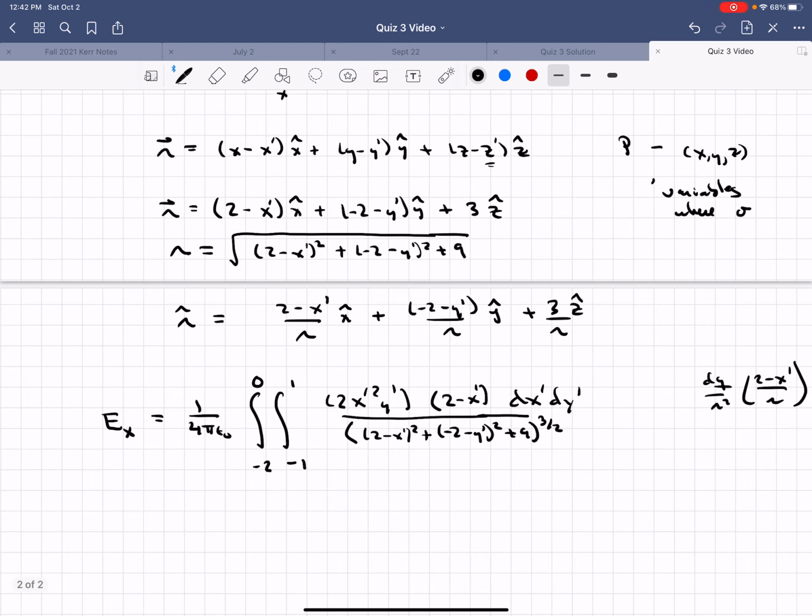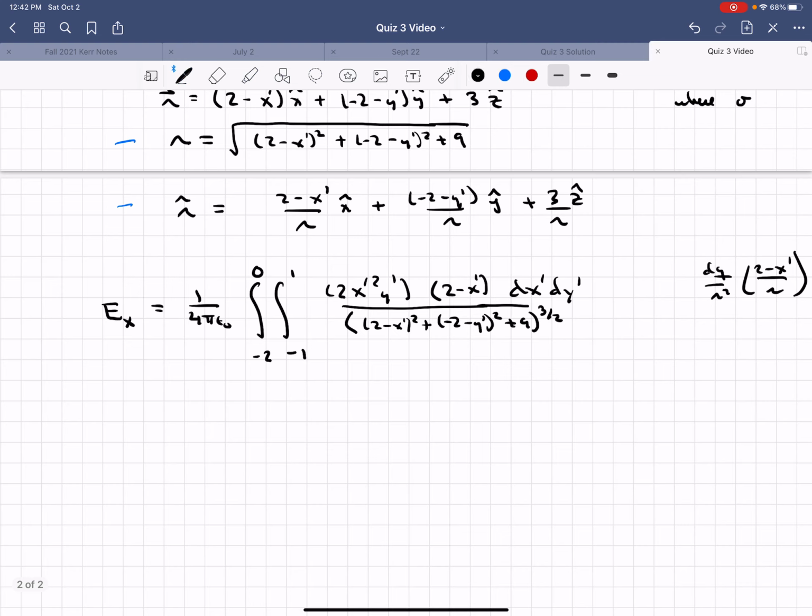So the key here is, once you can write down what the separation vector is equal to, then you know what the separation vector magnitude is equal to, and you know what the unit vector in that direction is equal to. And so, again, you can just write down all three integrals.